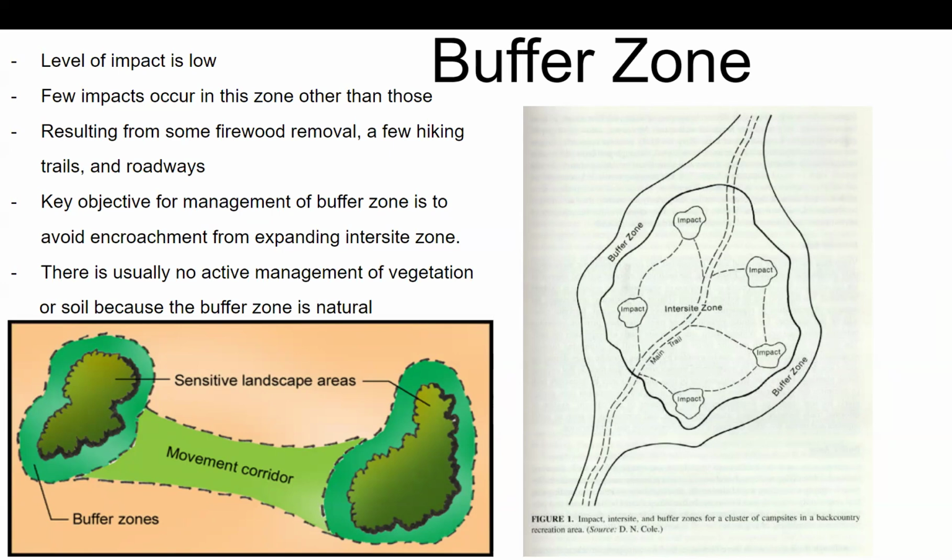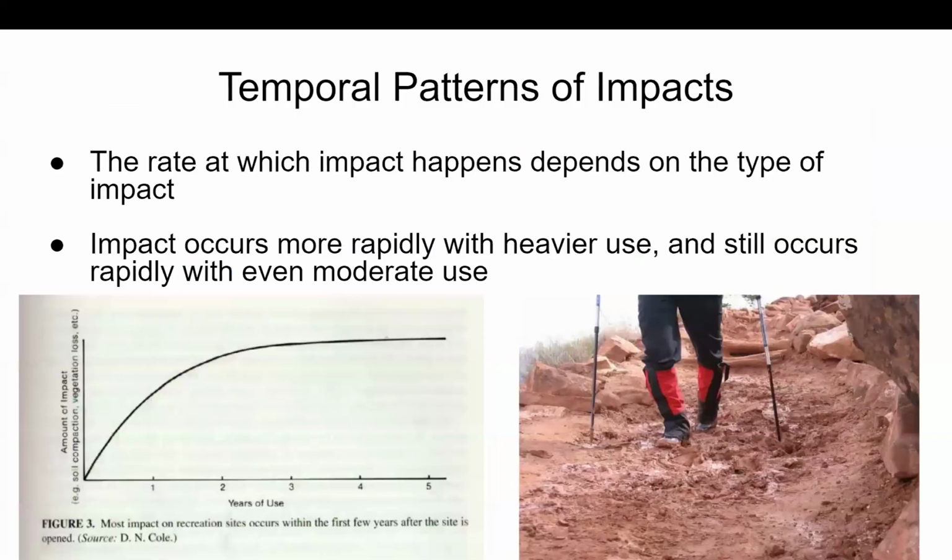Those are typically the only times you'll actually affect the buffer zone, and that's typically where the vegetation with lower resilience and higher resistance is. There's no active management of the vegetation or soil because the buffer zone is typically all natural. There's nothing really keeping people away.